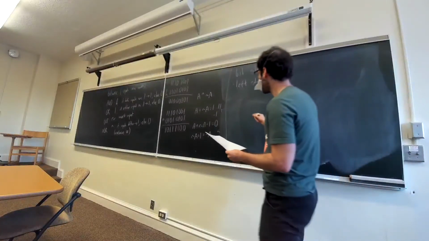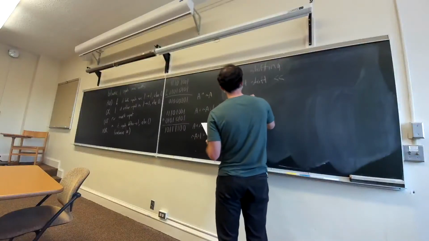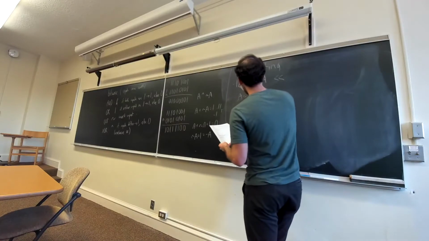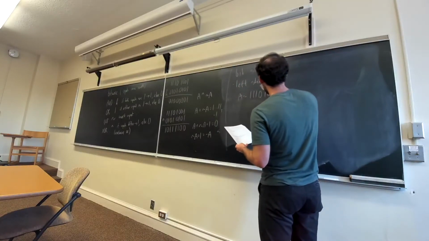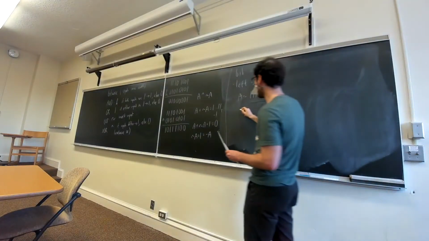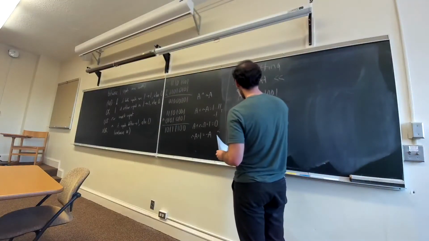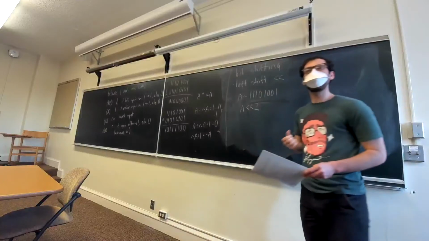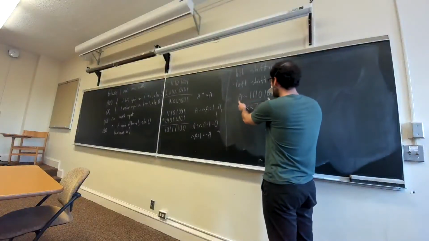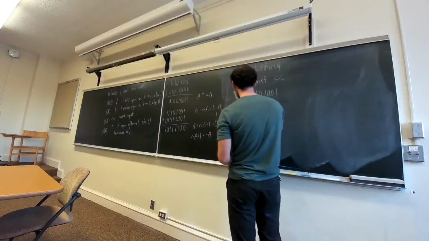So if I have A is this same 8-bit quantity, and then I say A left shift 2, I'm going to take these 8 bits and shift them 2 spots over.